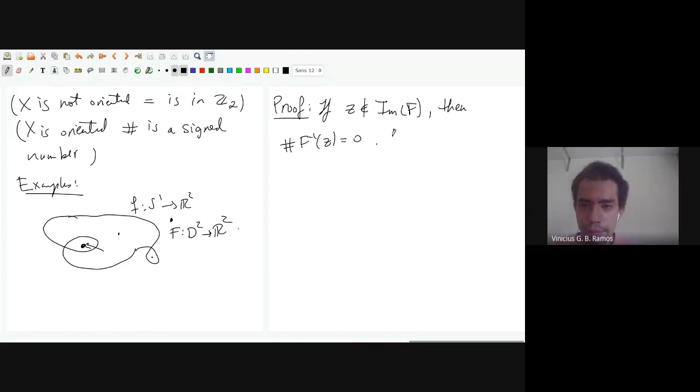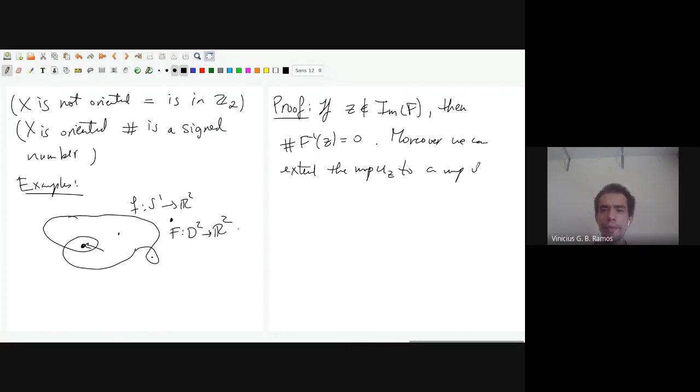Moreover, we can extend the map uz to a map on all of D. You can just use the same definition: capital uz of x is capital F of x minus z over the norm of capital F of x minus z.